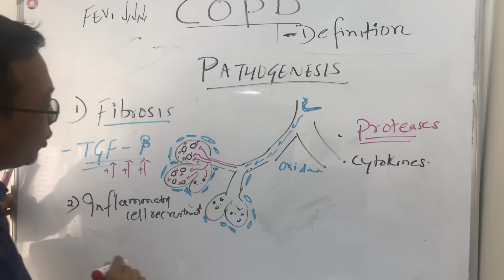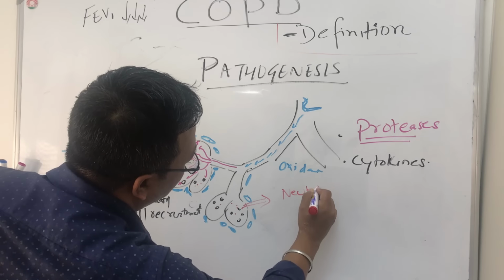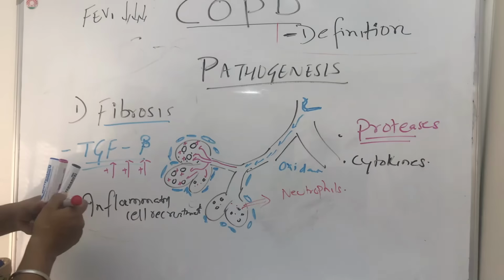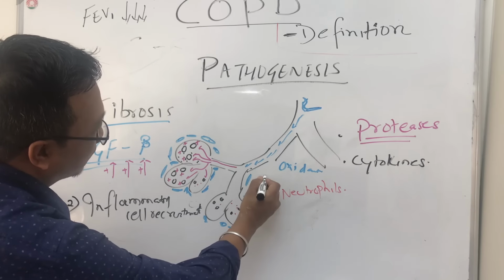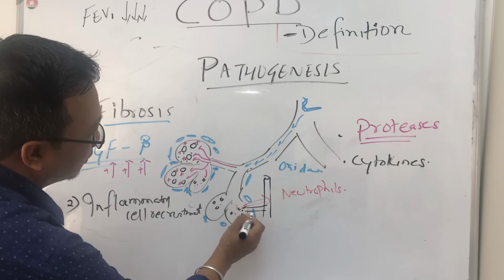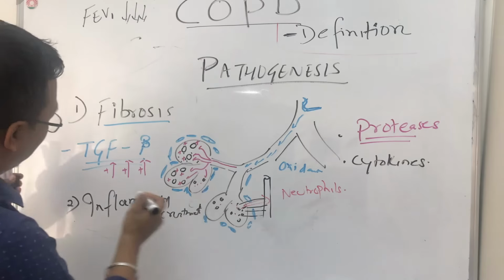These released cytokines will invite neutrophils. Neutrophils are now coming from the surrounding blood vessels and joining here. So plenty of neutrophils are in the scenario.